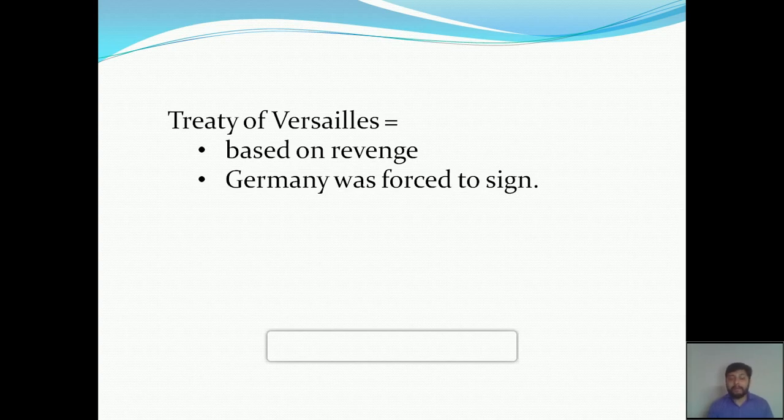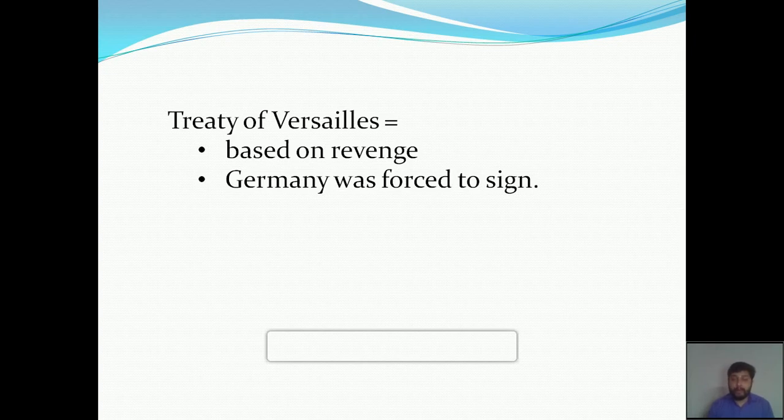When we discussed the First World War, we saw the first attempt was made between Serbia and Austria, and Germany declared their support to Austria. So that's why the victorious countries blamed Germany for the beginning of the First World War. So Germany was forced to sign this treaty.